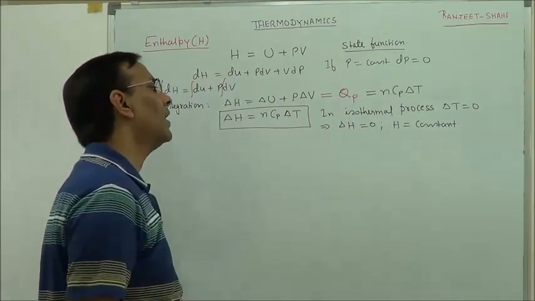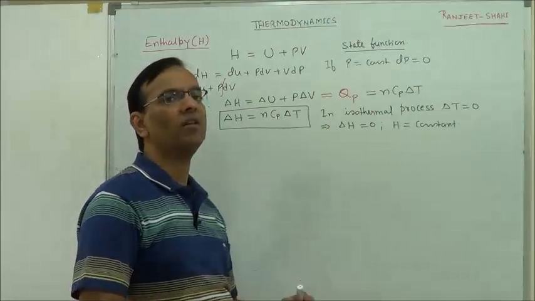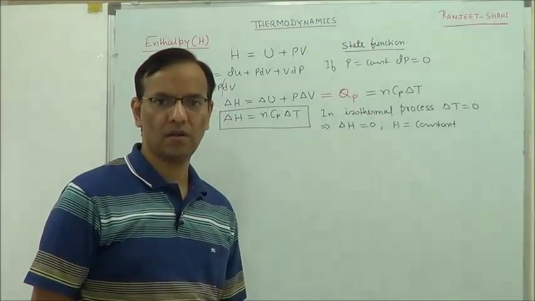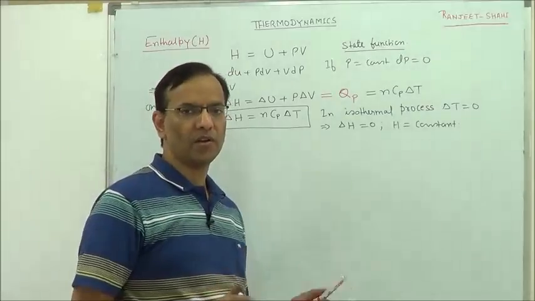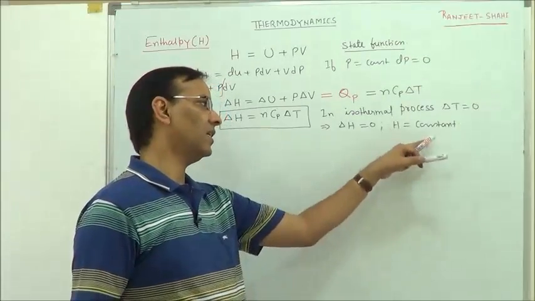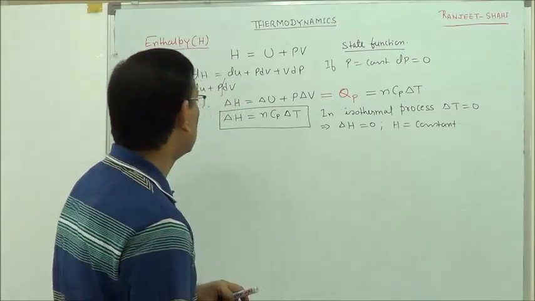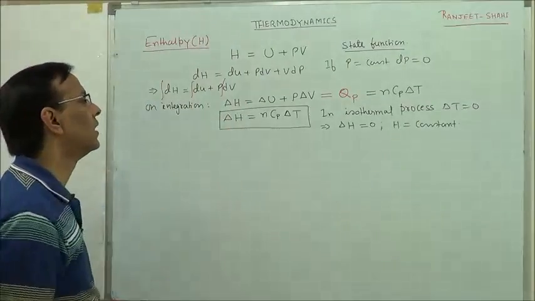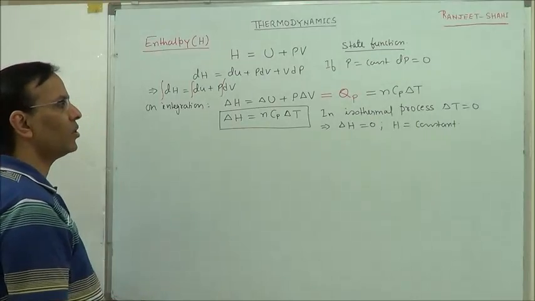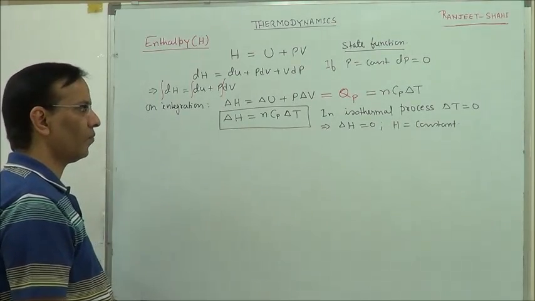So we also call an isothermal process an isoenthalpic process. Isoenthalpic means enthalpy does not change. Since H is constant, delta H is 0. So this is the fundamental definition of enthalpy change.